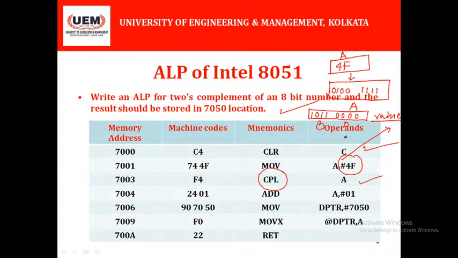Now we add 1 with it, ADD A, #01. So 0 plus 1 is 1.